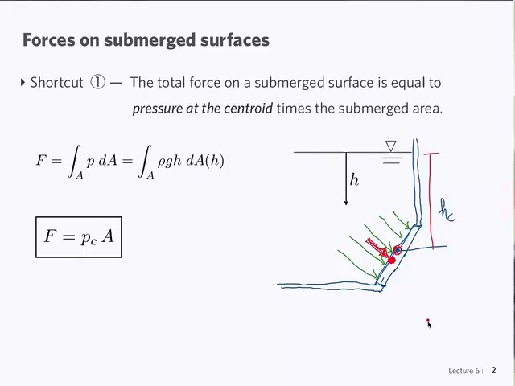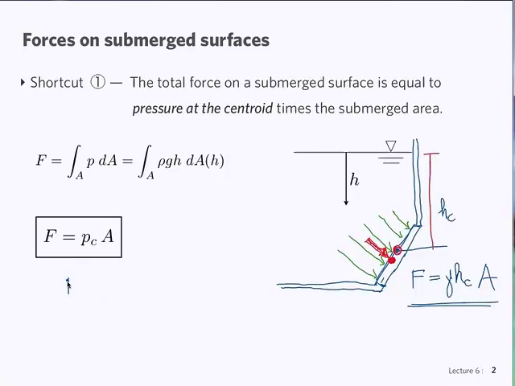That's what I'm trying to say. So the resultant force, F, is equal to the pressure at the centroid, which is simply gamma of the liquid times h of the centroid, multiplied by the total area of that surface, and then I have the magnitude of the resultant. The magnitude. But the point of action is somewhere else. Is that clear?